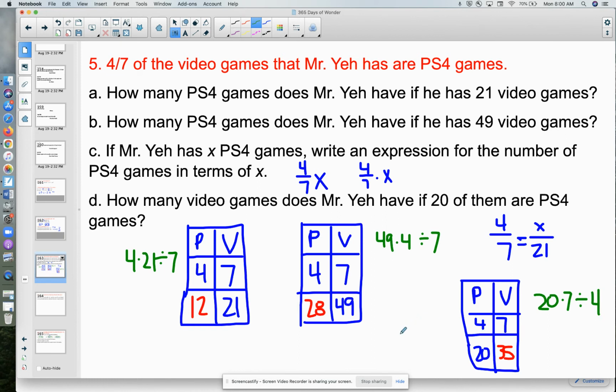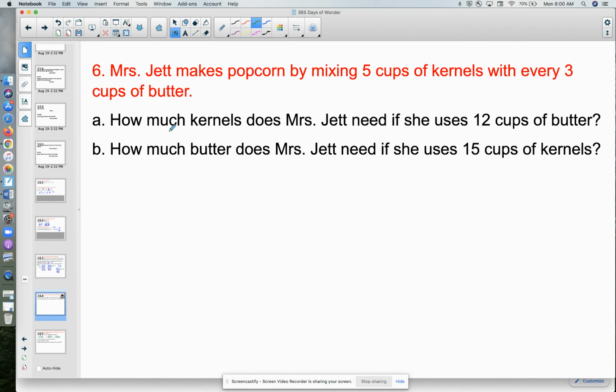All right. Next, Mrs. Jed makes popcorn by mixing 5 cups of kernels with every 3 cups of butter. How much kernels does Mrs. Jed need if she uses 12 cups of butter? All right. So one way we can do this, make a table.